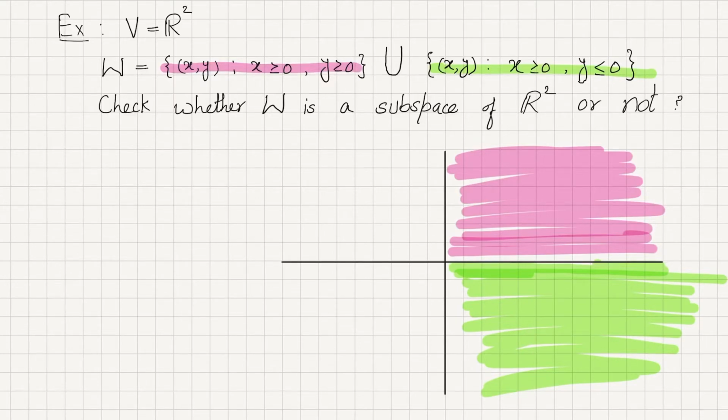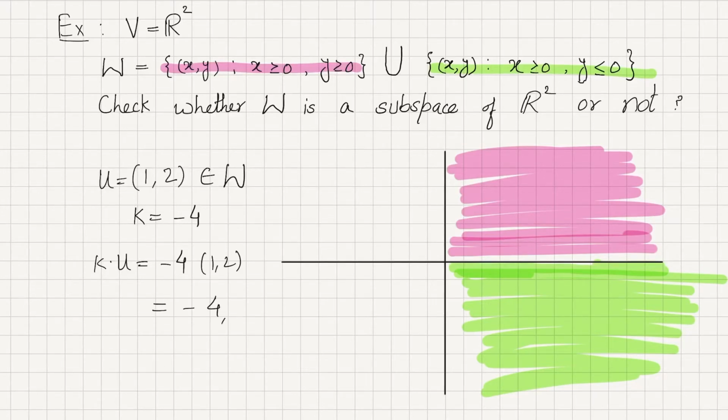Now if we take any element, say (1, 2), it will be in W. Now if we take a scalar k as -4, and this is u, then k times u will be -4 times (1, 2), which means (-4, -8).